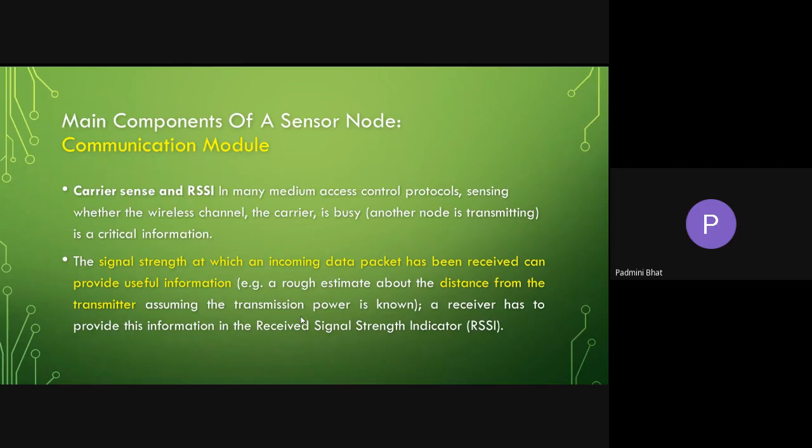But when you receive that data, you can also measure at what distance this node is from the controller, and what energy is utilized by that node. You can calculate that also, at what distance your wireless node is situated, and at what level of power that antenna is transmitting.